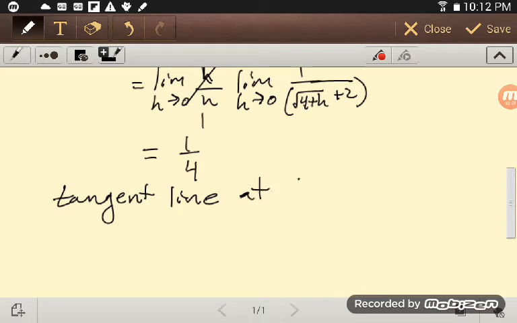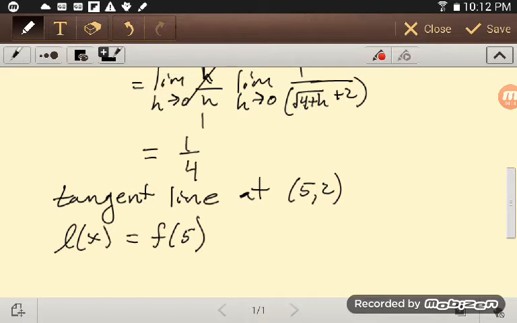at (5, 2) is just, I'll call it L of x for line, is equal to f at 5 plus f prime at 5 times x minus 5.